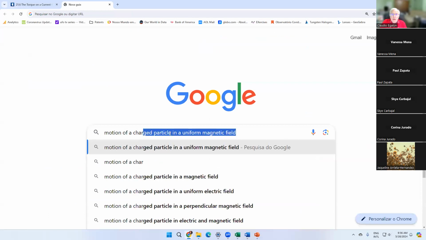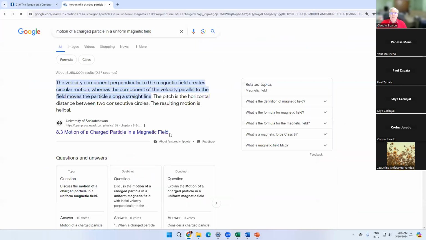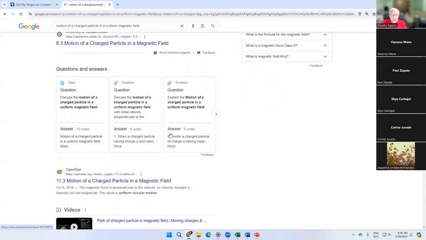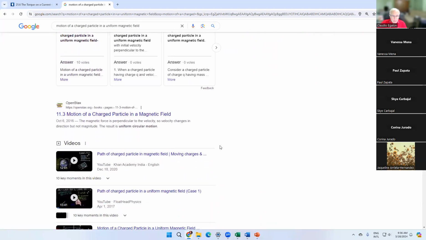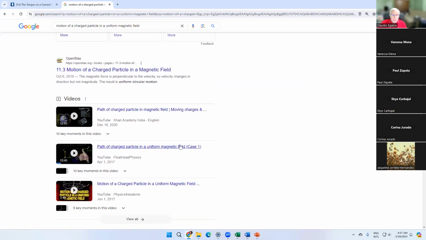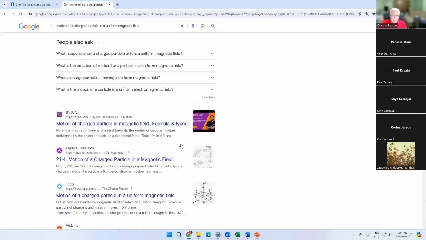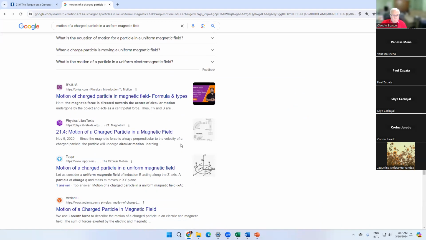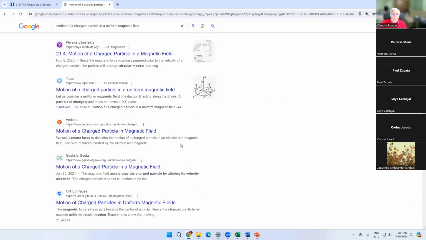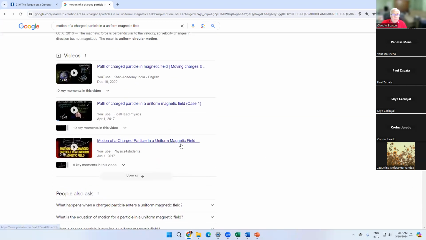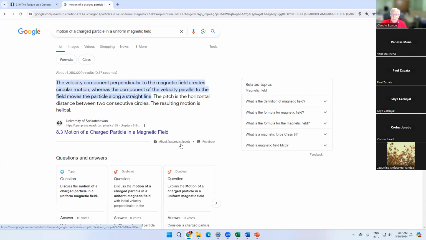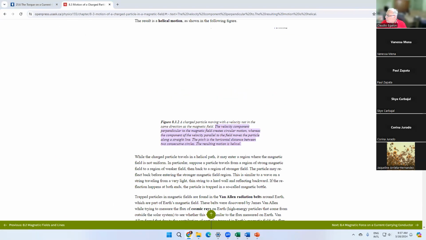Motion of a charged particle in a uniform magnetic field. Let's try this one here.